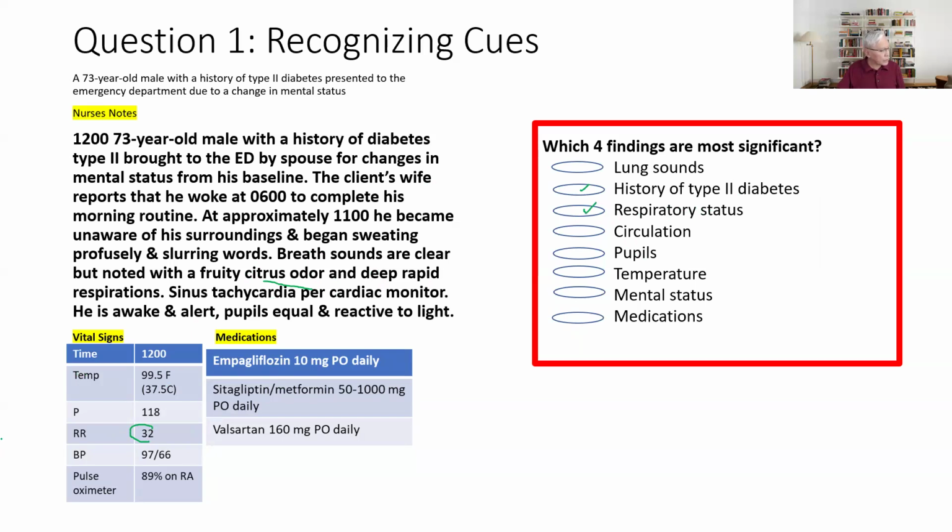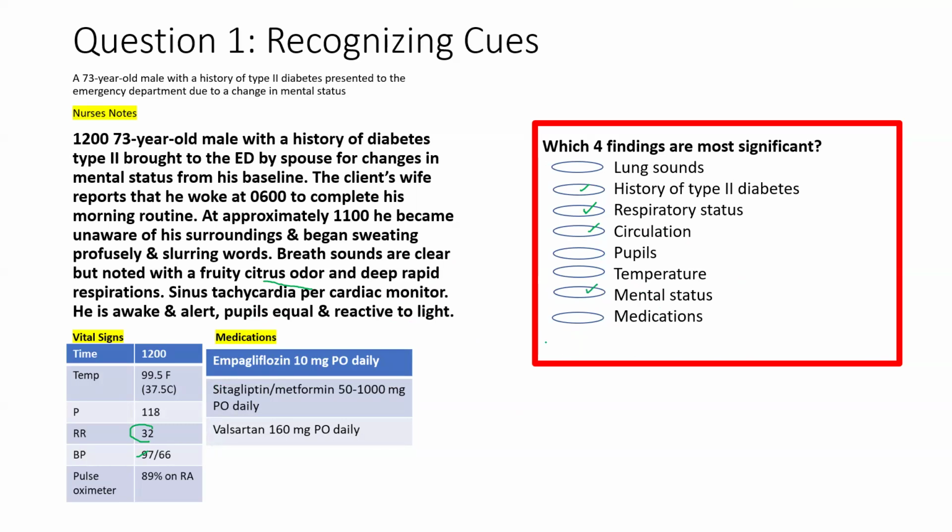How about circulation? Pulse rate is 118 and the blood pressure is 97/66. This should be a concern. We're talking about pupils, right? No, pupils are equal and reactive to light, so that would be okay. A temperature is mild, it's 99.5, but the mental status is going to be important.